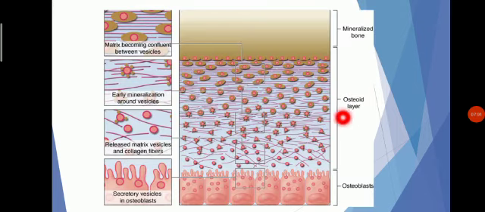The secretory vesicles are released in the osteoid layer, early mineralization occurs around these vesicles, and the matrix becomes confluent between vesicles, so this area becomes mineralized and bone is formed. This layer is the osteoid layer, the newly forming bone layer.